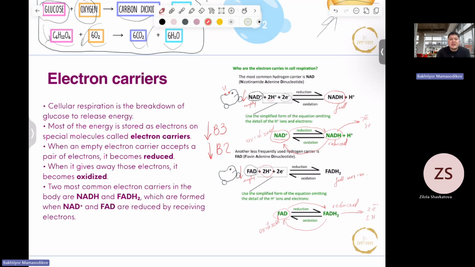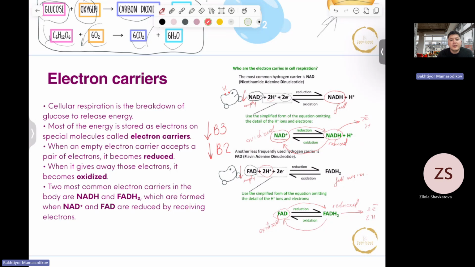Imagine glucose is a rich person with a bag of money. The bag of money means electrons. Those monies are electrons. And NAD plus is a courier.